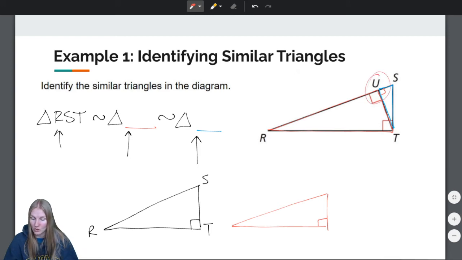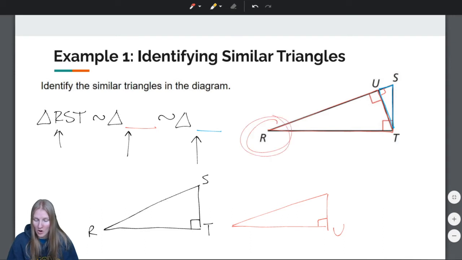We know that U is at the right angle. Here's the right angle, and U is right next to it. Then, notice R is still the really small angle, the pointy, smallest angle. So that's R. And then T is the other corner of the triangle.